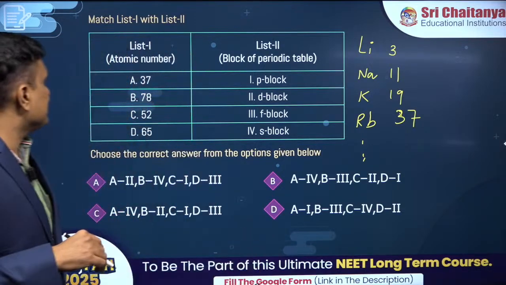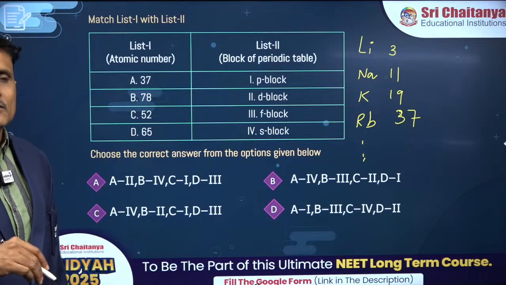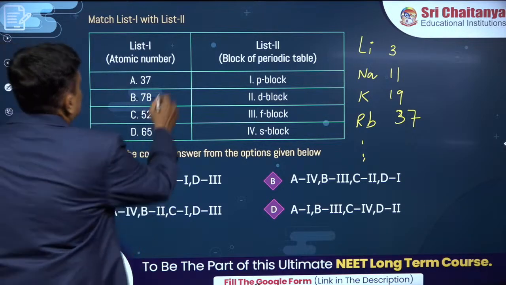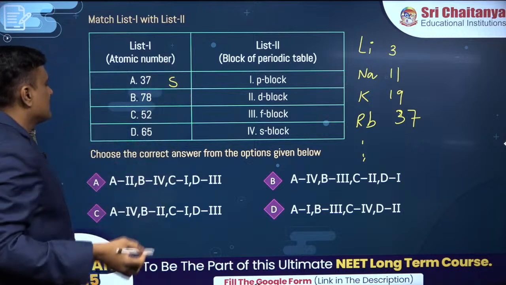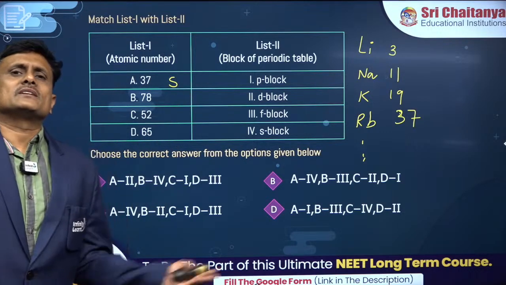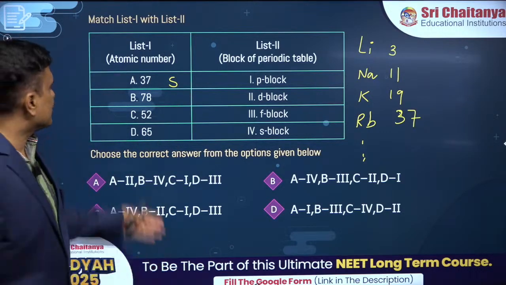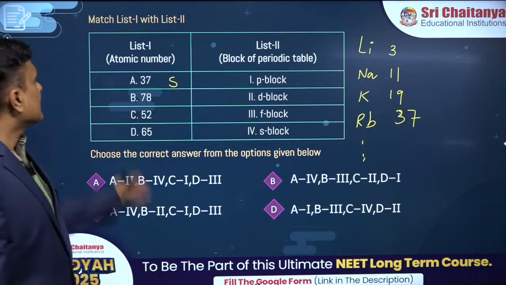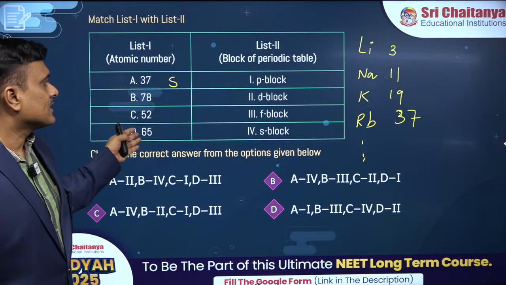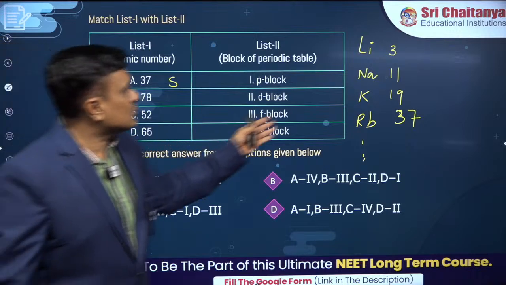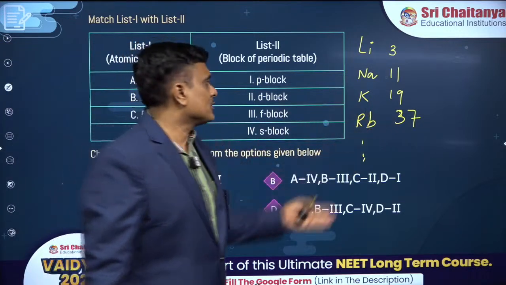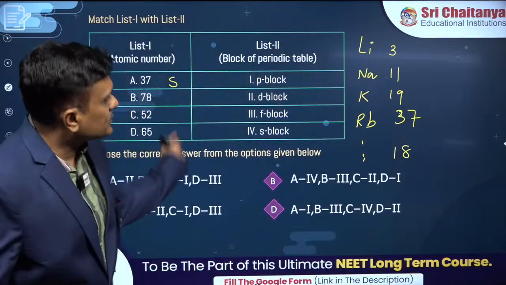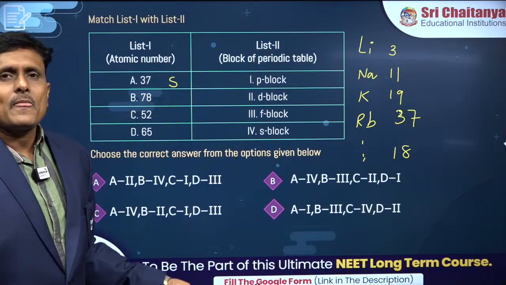All right. Now you see 37 is the atomic number of rubidium. Yes, you got it. So this is S block element. After that, slowly move on to the next bigger atomic number, 52. All right, when you have 37 here, close to 37, if you are adding 18, it will become 55 related to this group.